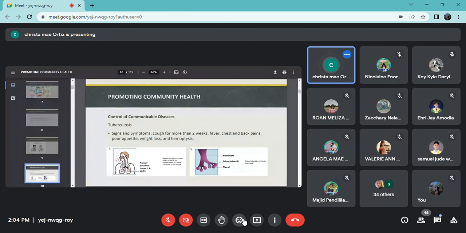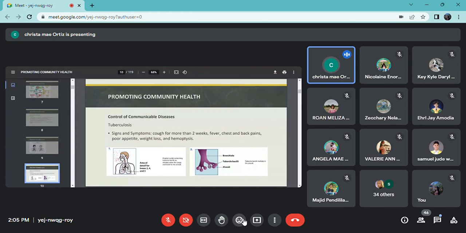Napakapayat na sila. And sabi nga sa kanila, parang may hanger yung katawan nila, na parang nakataas yung shoulders nila. And then we also have hemoptysis or may dugo sa mga ginaubo nila. Hemoptysis. So, ito yung sa tuberculosis.